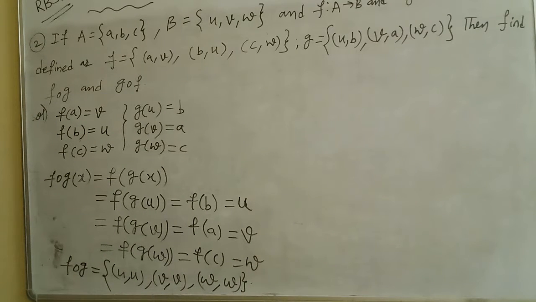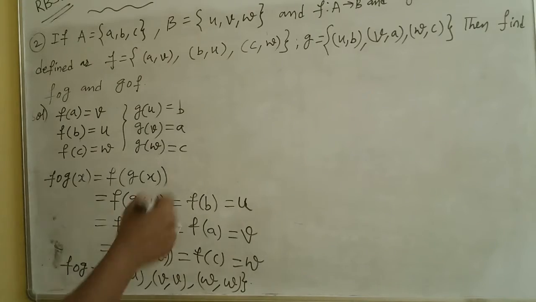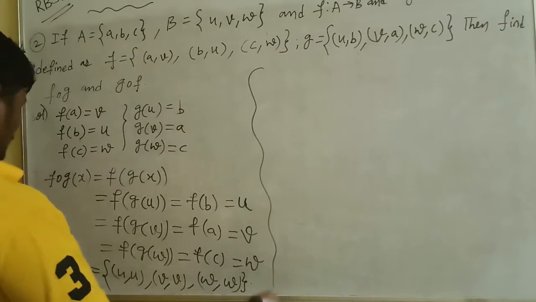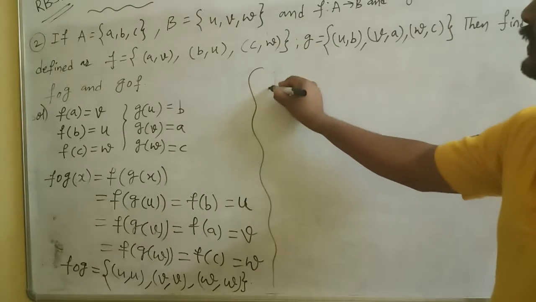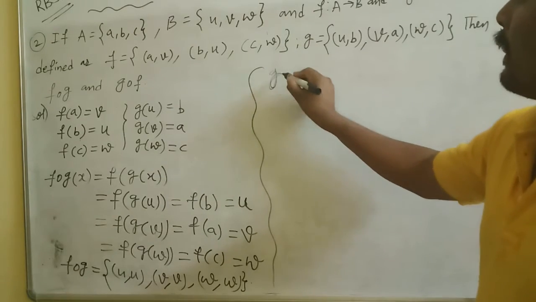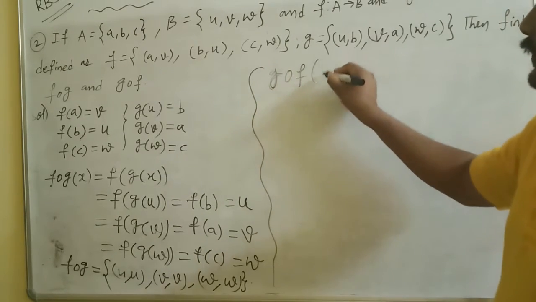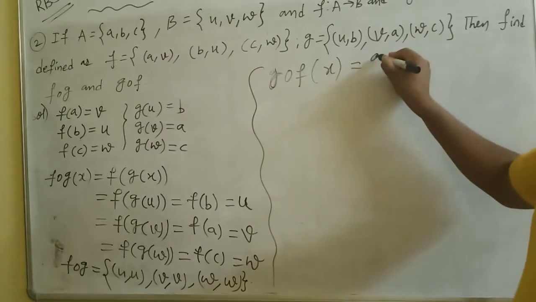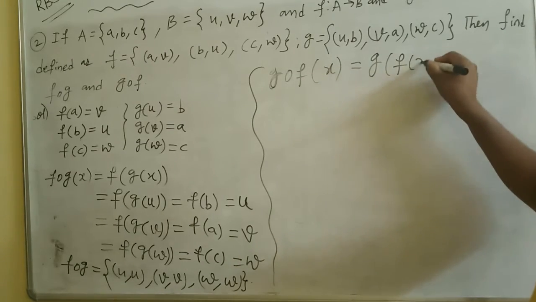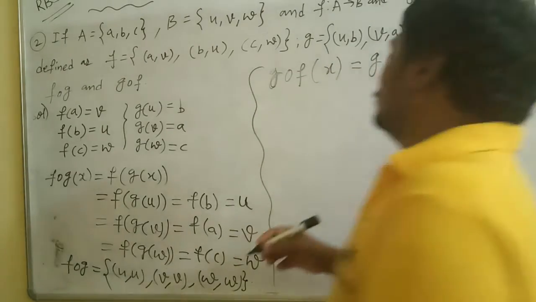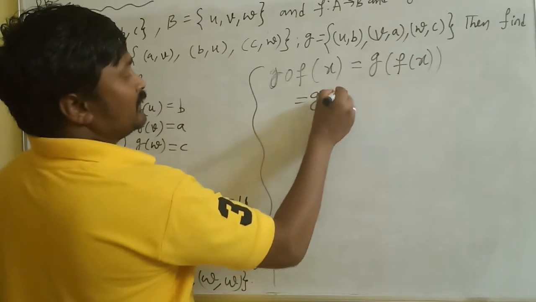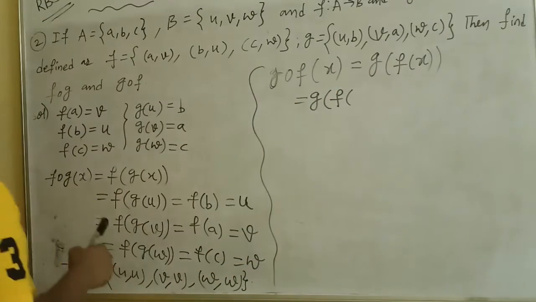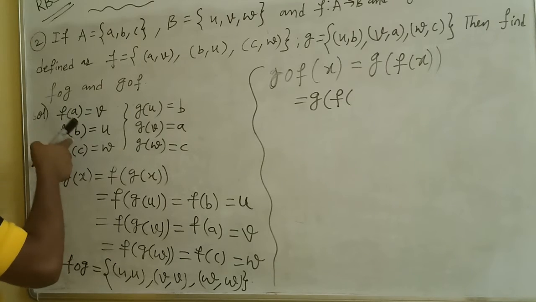So we'll go to now G circle F also. Same method. Again, what can I write now from this? So here G circle F of x, this we can write as G of F of x. So that means G of F of a, F of b, F of c is there.